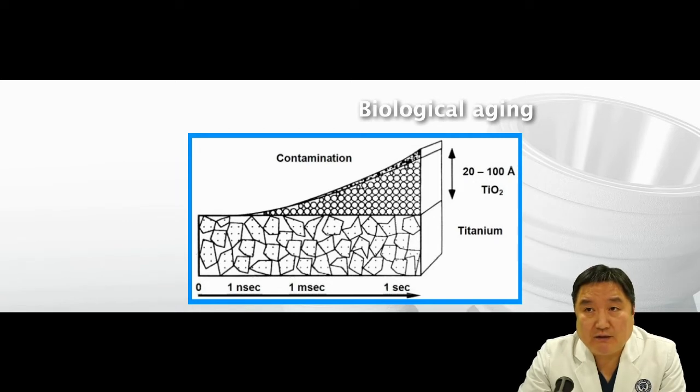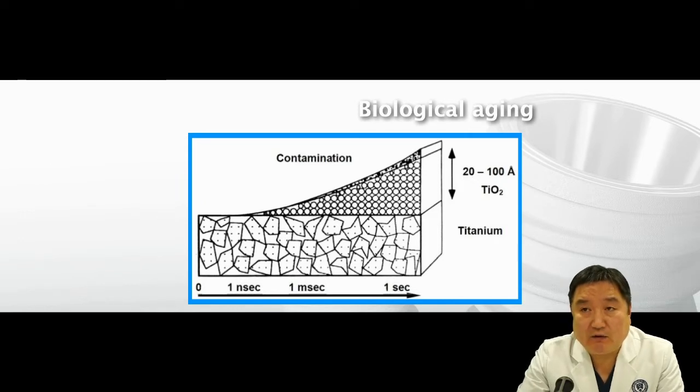But one phenomenon that we overlooked in the past was that the oxide layer is contaminated within nanoseconds, and this contamination will increase as time goes by. So eventually, its bioactivity and other good properties will be diminished.